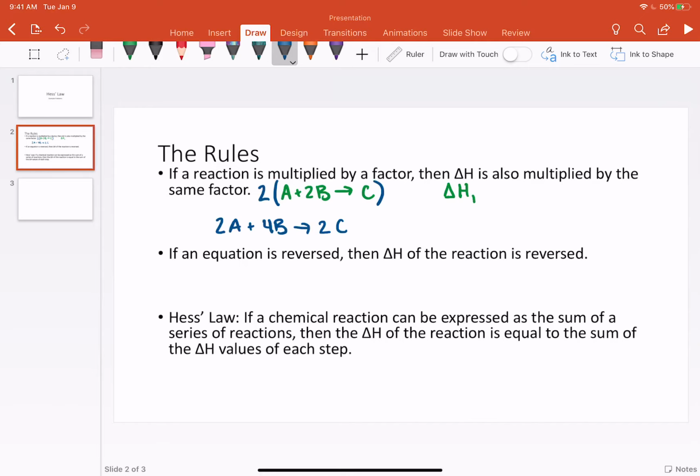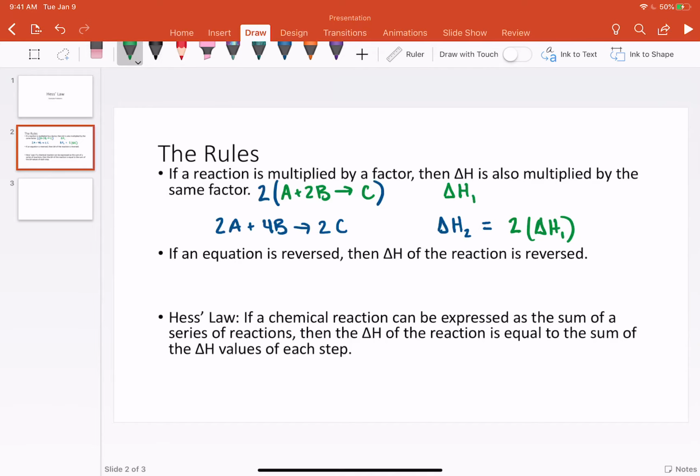So this new reaction is also going to have a delta H value. And that delta H value is going to be equal to 2 times delta H1. So that's the first rule.